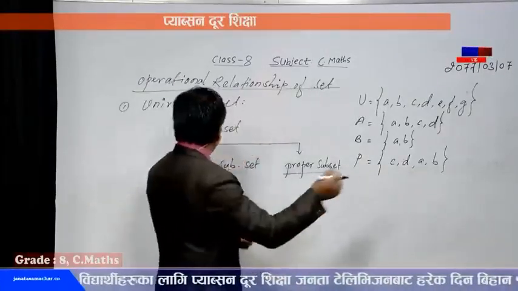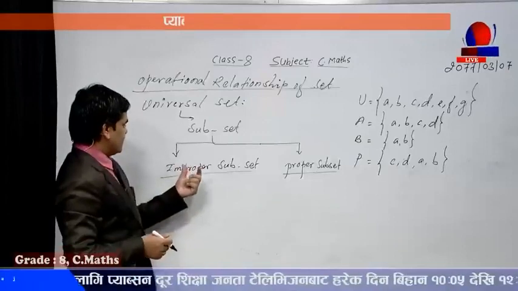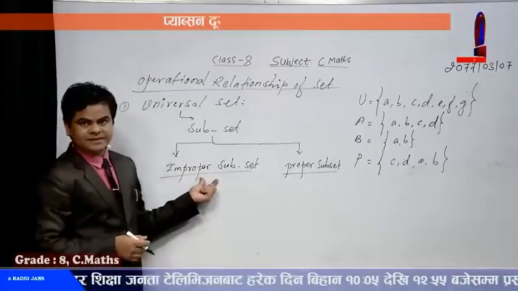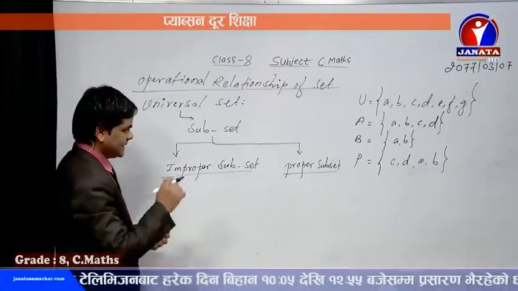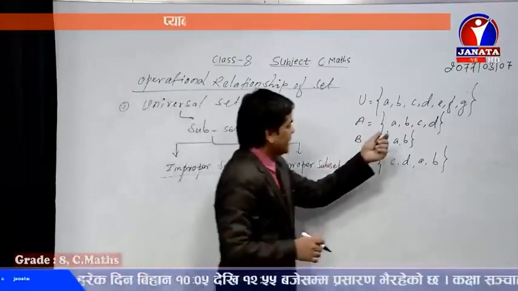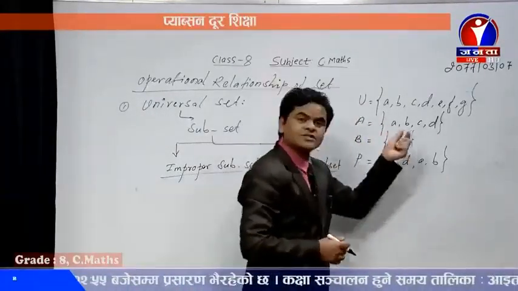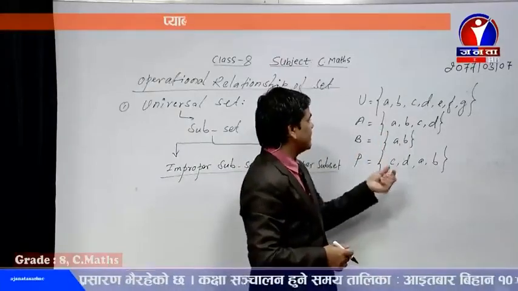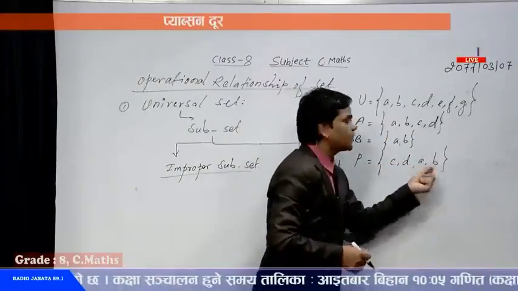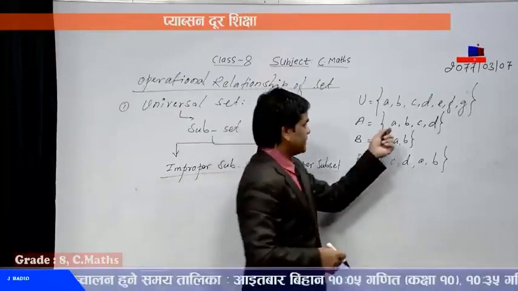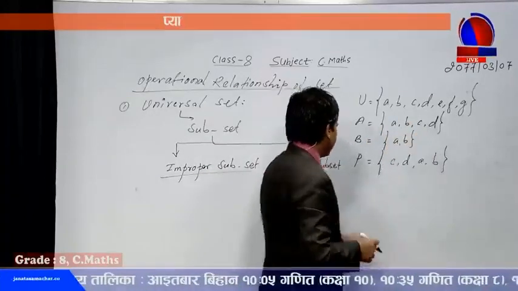Look here, dear students. In case of improper subset, what we mean by improper subset is that those two subsets are known as improper subsets where there are an equal number of elements. Look, dear students, 1, 2, 3, 4.